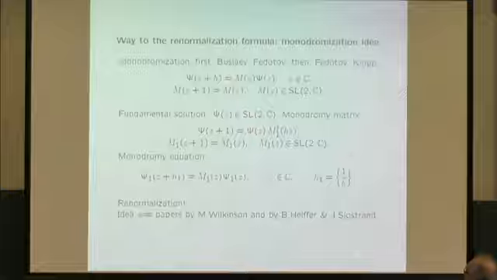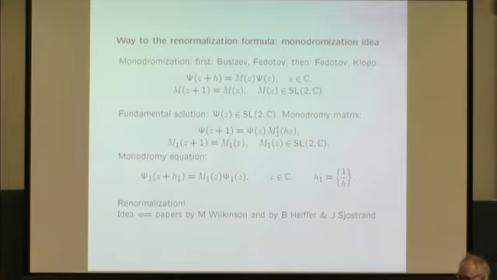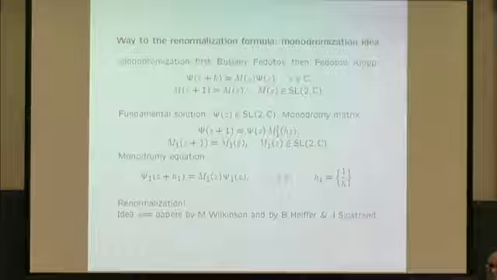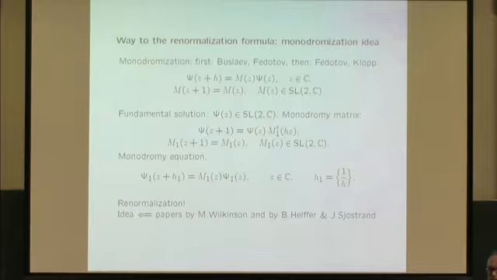With Buslaev, we have considered matrices that were trigonometric polynomials. And our main question was if one can construct a fundamental solution such that the corresponding monodromy matrix is also a trigonometric polynomial of the same order. And it appeared that for the monodromy matrix to be the simplest possible, you have to take the entire solution of the input equation with the simplest possible behavior at plus minus i infinity.